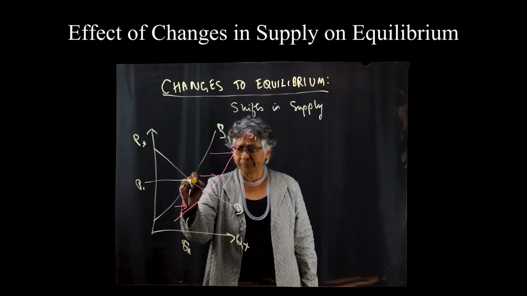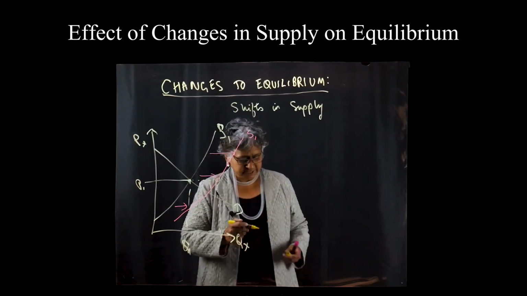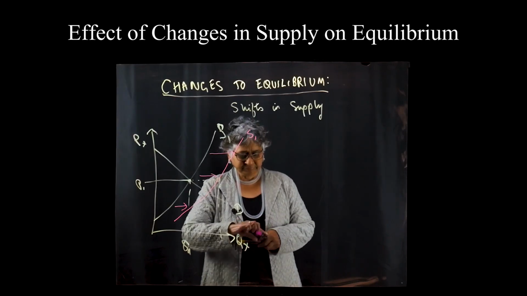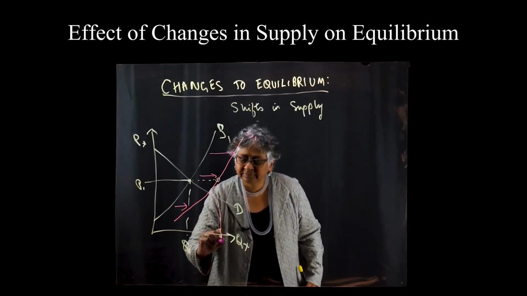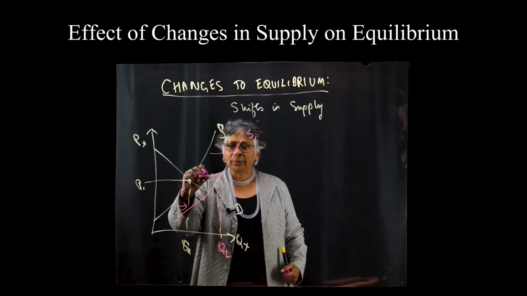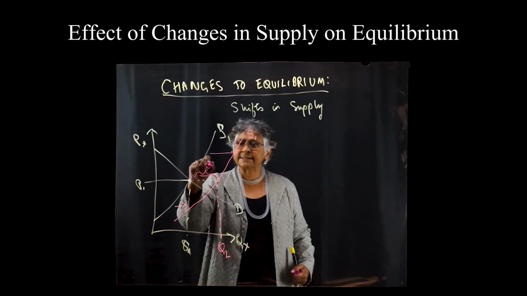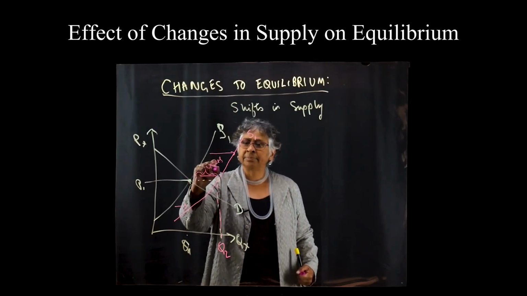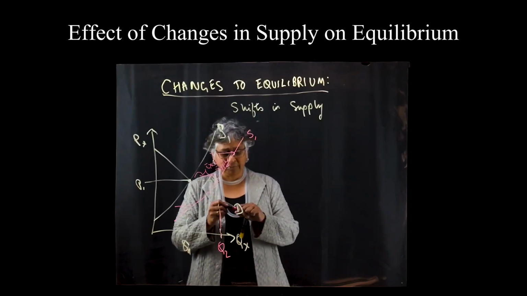Demand is at Q1. But suppliers have expanded their supply up to Q2. So now supply exceeds demand, and excess supply opens up at the original equilibrium price.